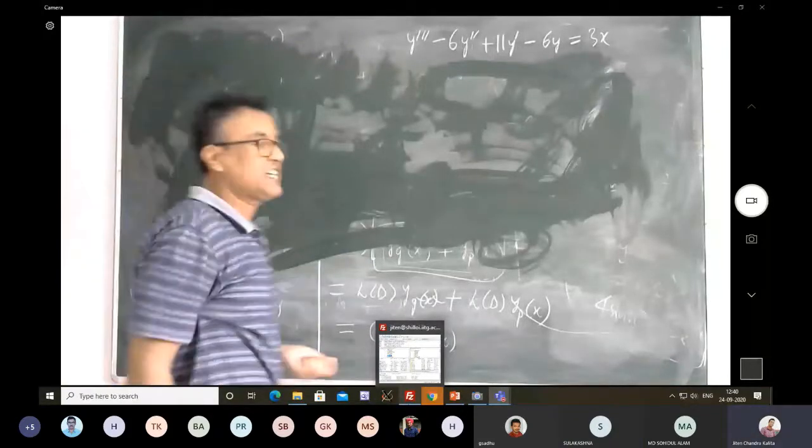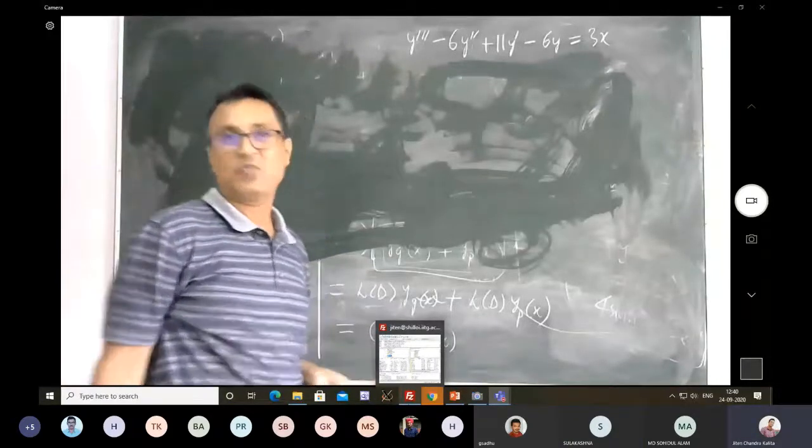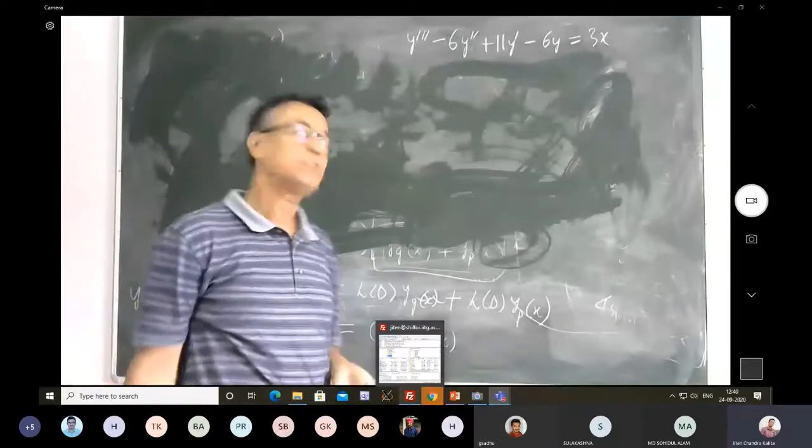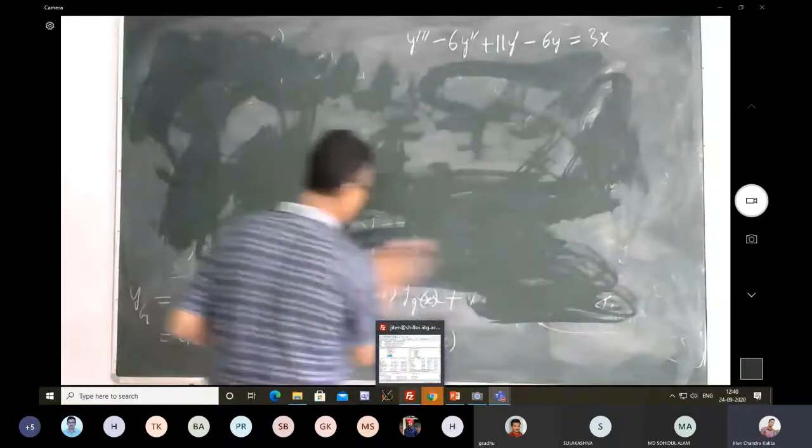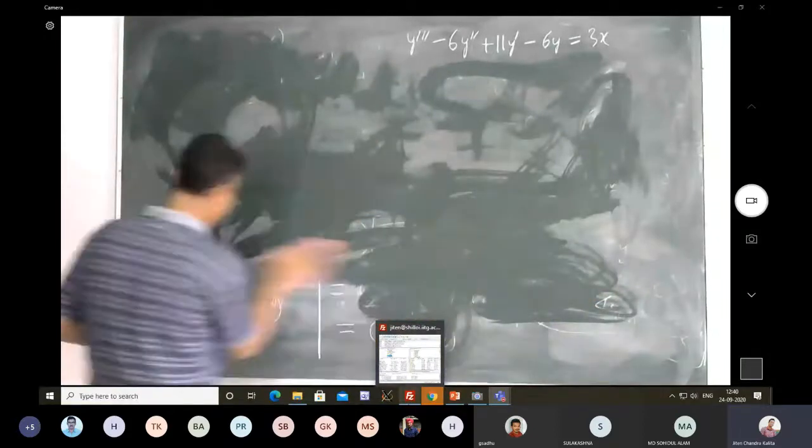Basically, see the complementary function is pretty straightforward, right? You simply can find it out from the auxiliary equation, right? What about the particular integral?